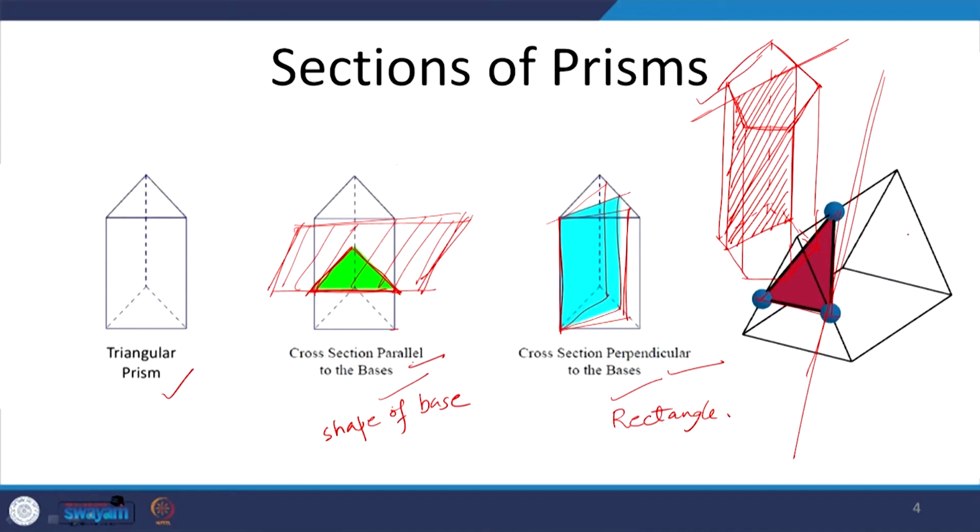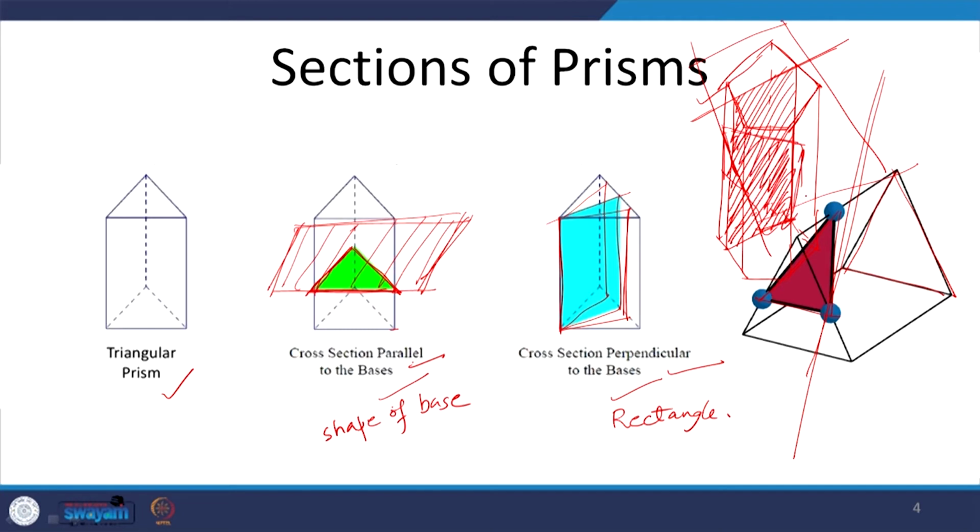So, it will be a triangle, but different from that of the shape of the base. In case it was a pentagon and if this was being cut like this, in that case we would have seen the shape of a pentagon, and we will see a distorted pentagon coming as a section of the solid.